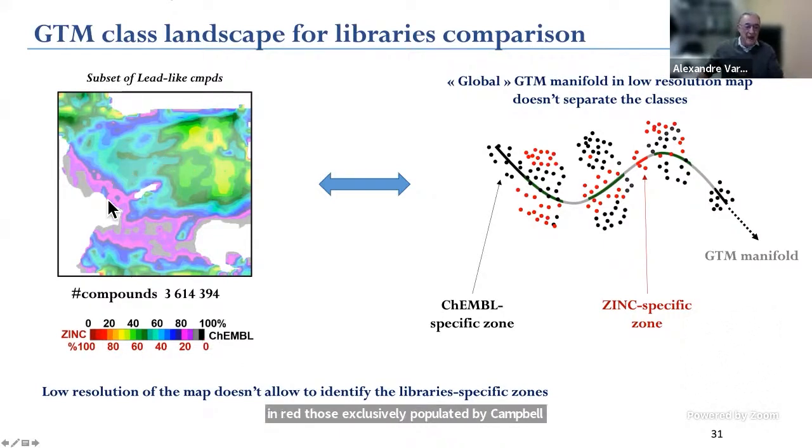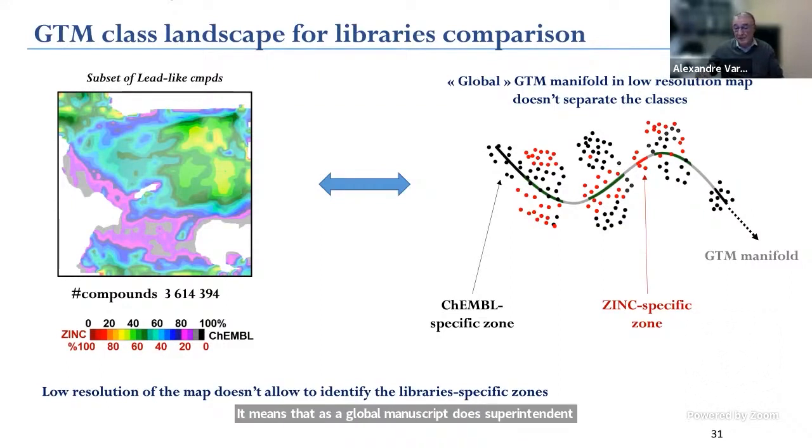But on this map, you see neither red nor black areas. You see only yellow or green, which are populated by both.